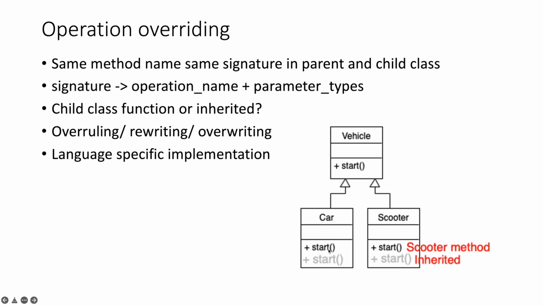In a sense, what we have done here is we have overruled or rewritten this operation called start. Exactly the same thing has happened in the scooter. This belongs to a scooter method, written inside a scooter class, whereas the gray one is inherited. The gray one is ignored when the local version is present, and that is where the start method in the car class and start method in scooter class will be overriding the start method in a base class or vehicle class.